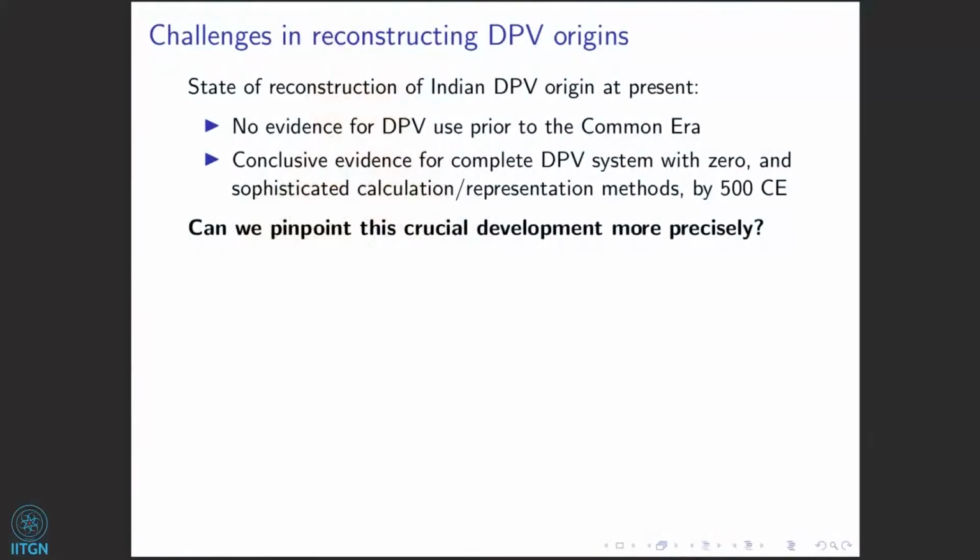Can we produce a better, a tighter chronology on the sequence of events here, and maybe get closer to figuring out exactly where, when, how, why, by whom this innovation was made? One of the things that gives us a clue, briefly alluded to by Professor Srinivas, is passing references in philosophical works, in a metaphorical sense, to the principle of place value.